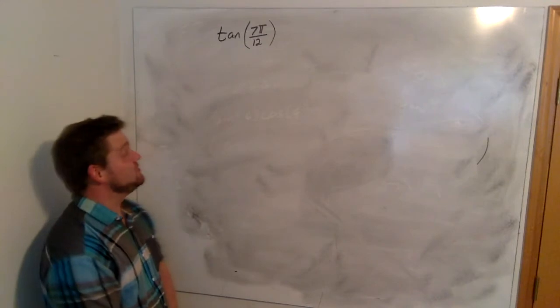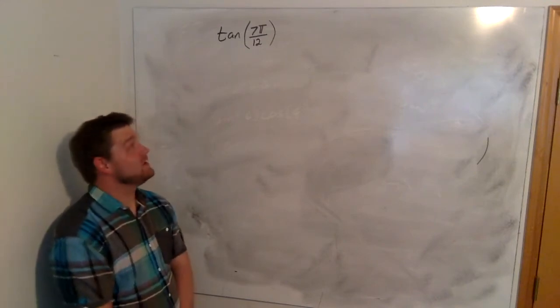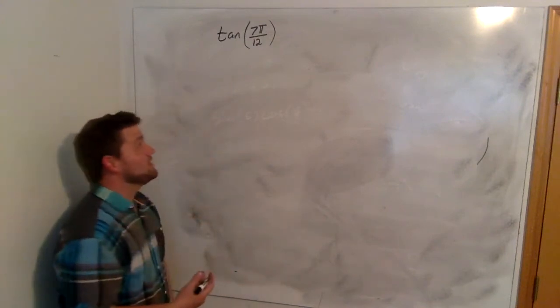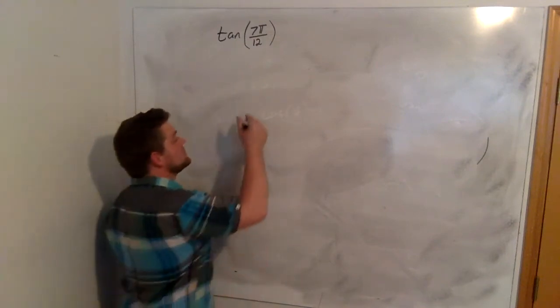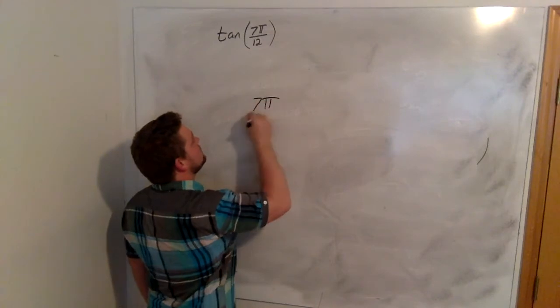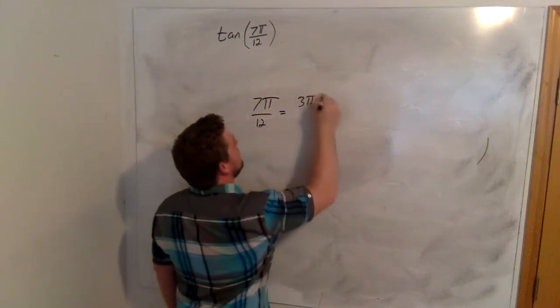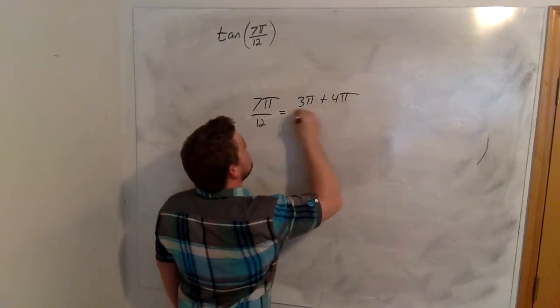Okay, let's do it. First thing we want to do is break up 7 pi over 12 into numbers we know on the unit circle. Well, I think we could do 3 pi plus 4 pi all over 12.